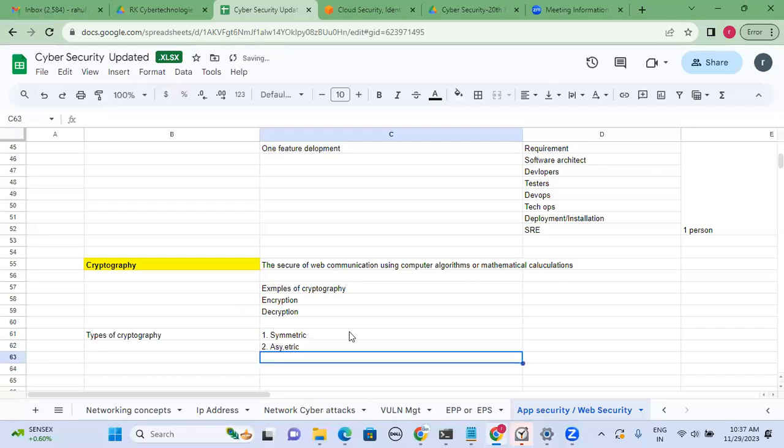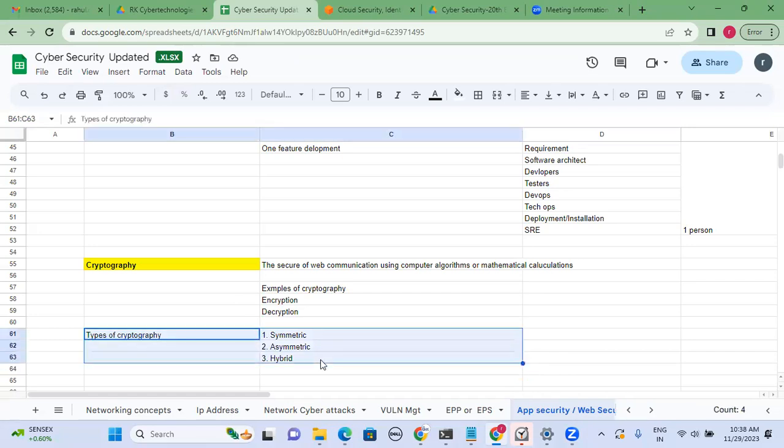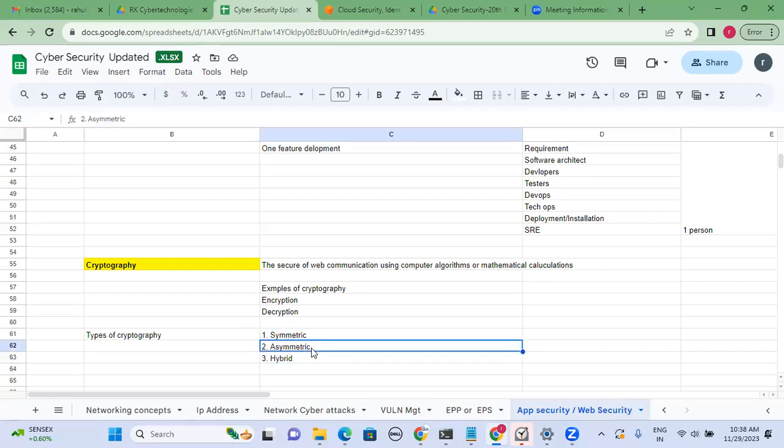Third one is hybrid. So symmetric cryptography, asymmetric cryptography, hybrid cryptography. This is one of the favorite topics from the interview point of view. What is symmetric? What is asymmetric? And also what is hybrid? Hybrid is not that much, but symmetric versus asymmetric.